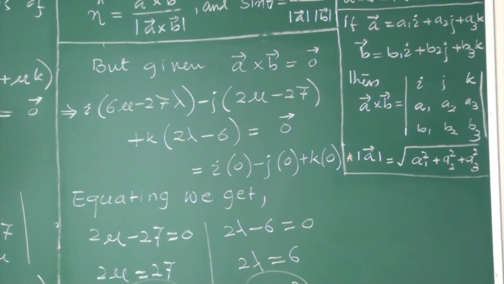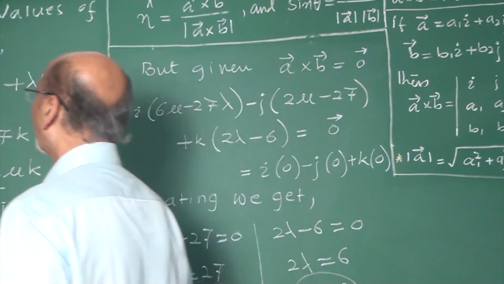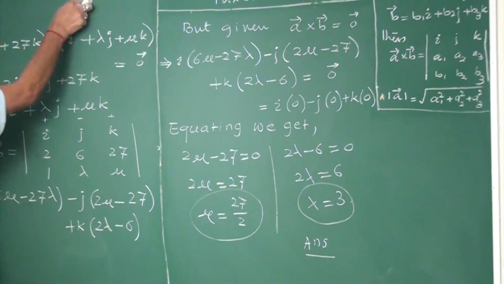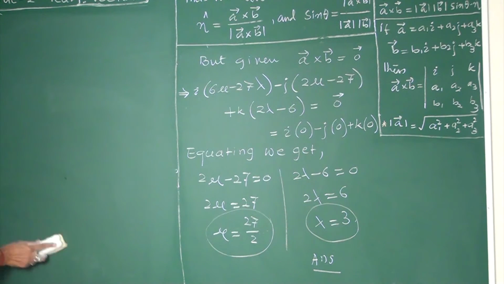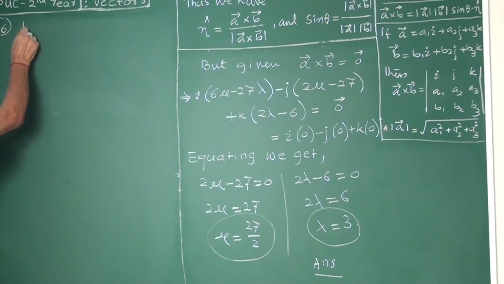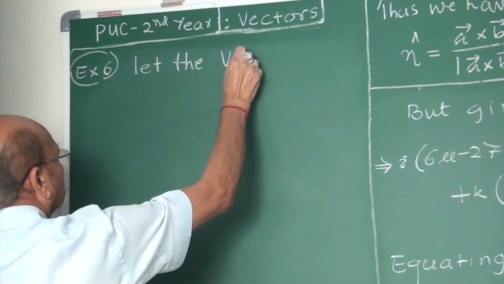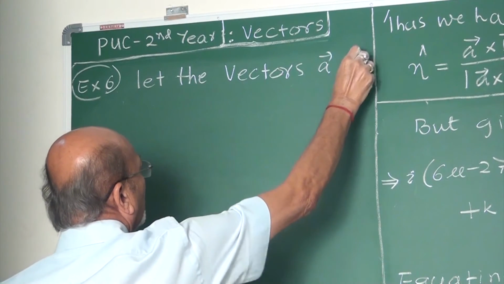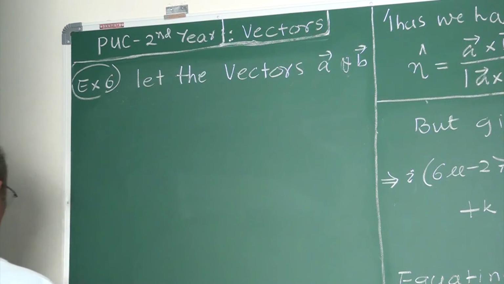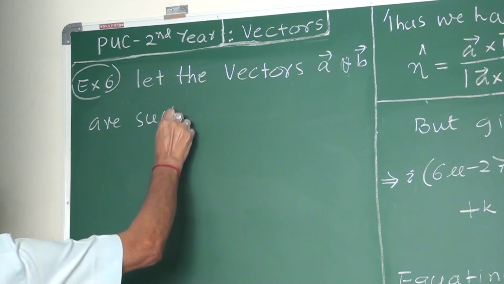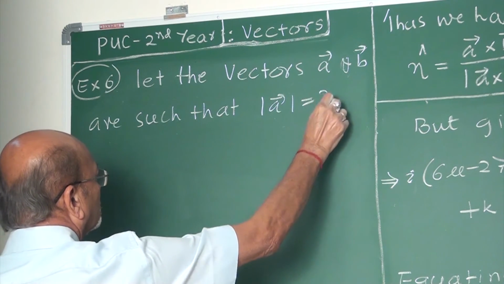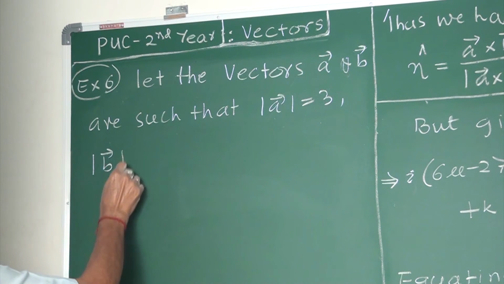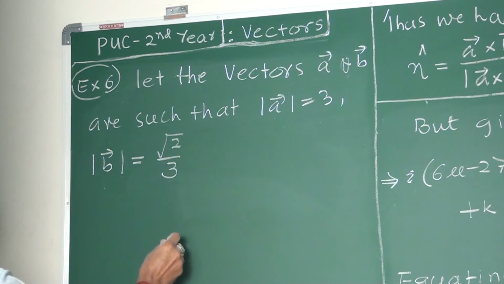Next example. Let the vectors A and B be such that magnitude of A equal to 3, magnitude of B equal to square root of 2 by 3.